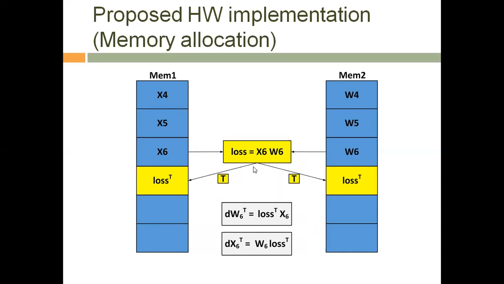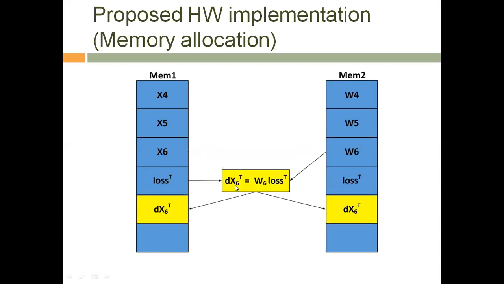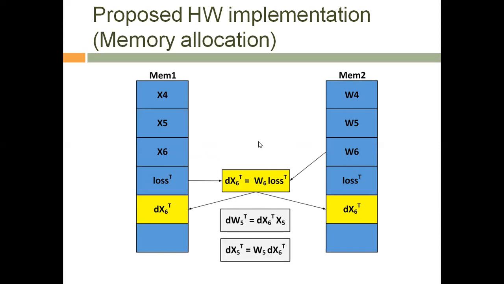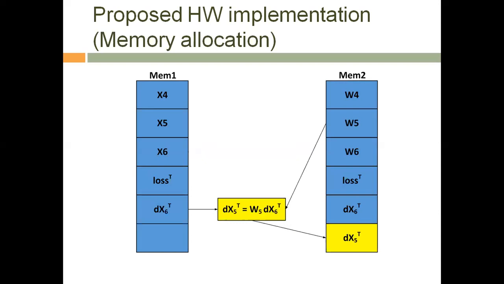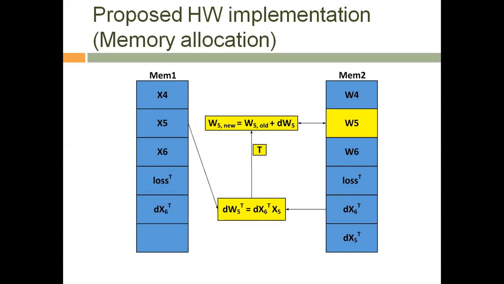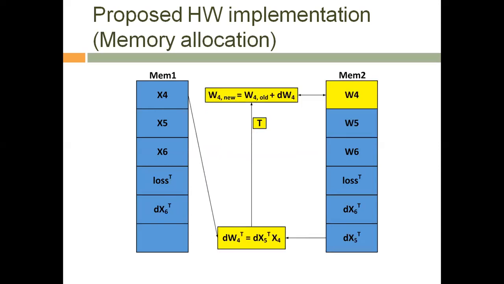That's why we write the loss in both memories. Same thing for DX6, the backpropagated error. It will be needed as mat1 and mat2. And then update the weights: update W5 and then update W4.